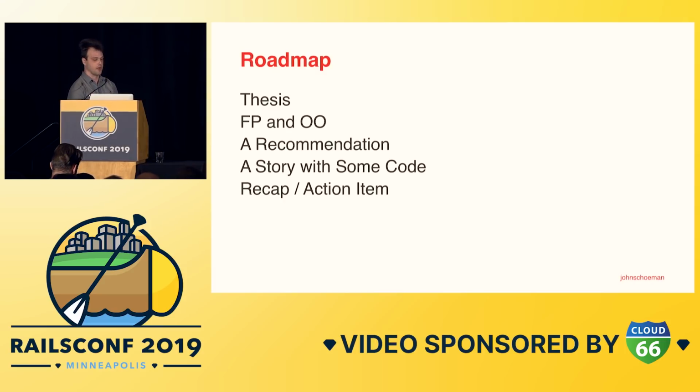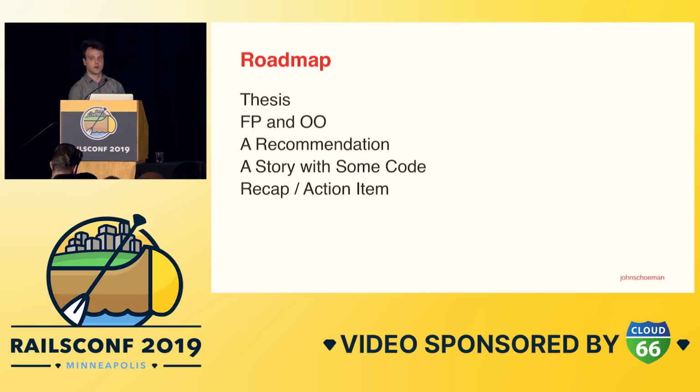And then we'll recap and we'll have an action item to take home with us. One thing to notice that's not on this roadmap is that I am not planning to talk about implementation details of how to write functionally styled code on a line-by-line basis.